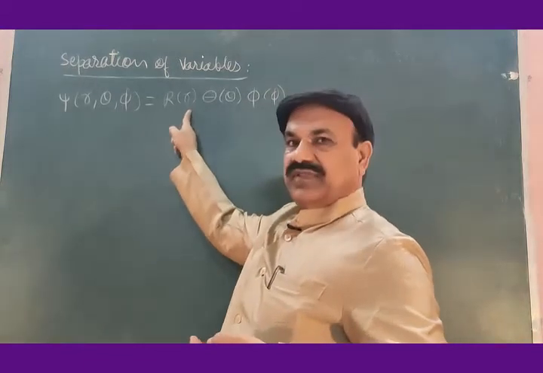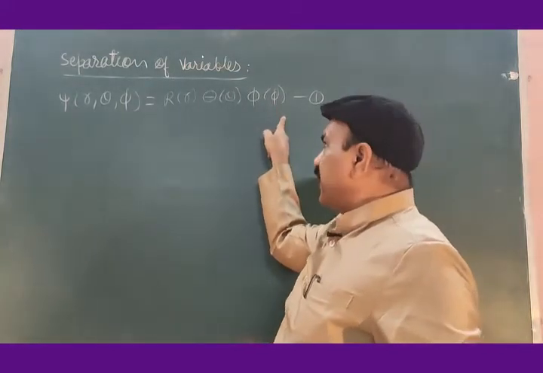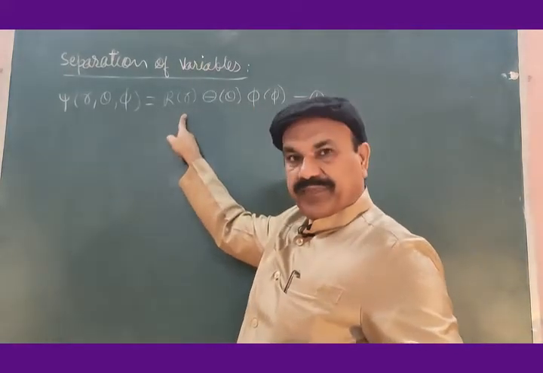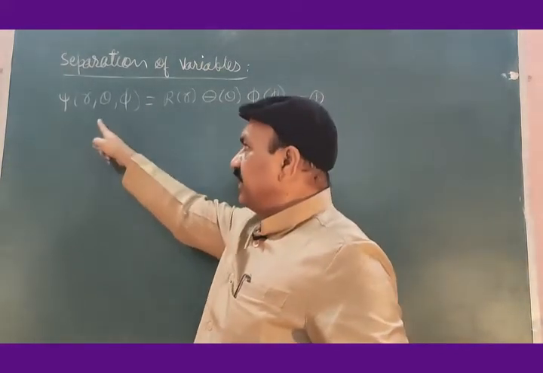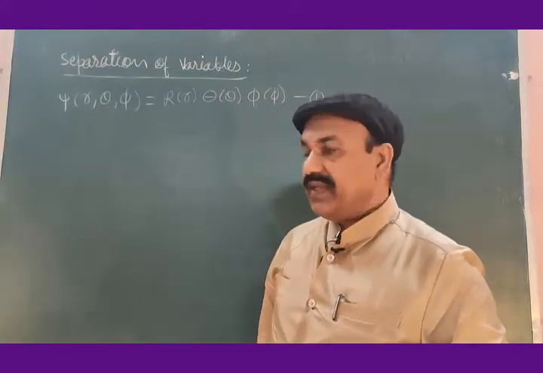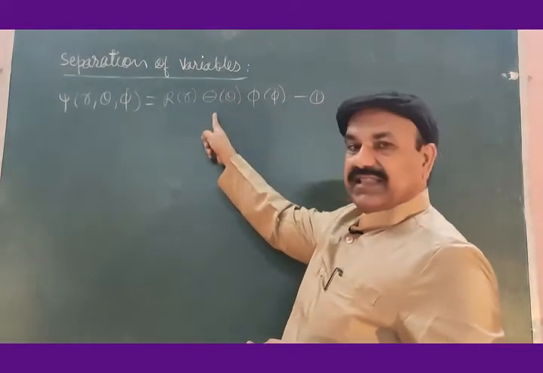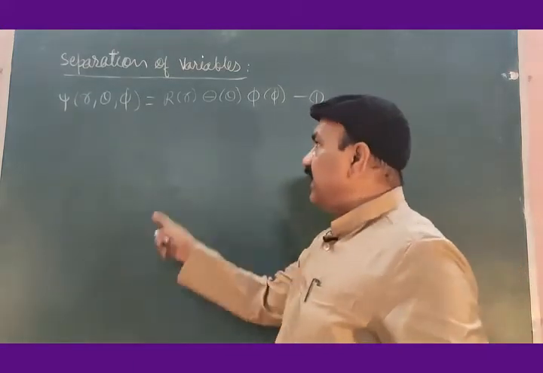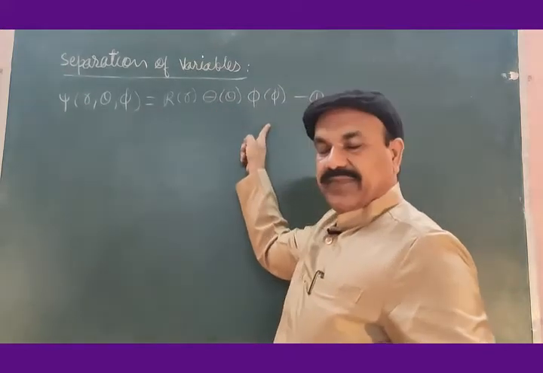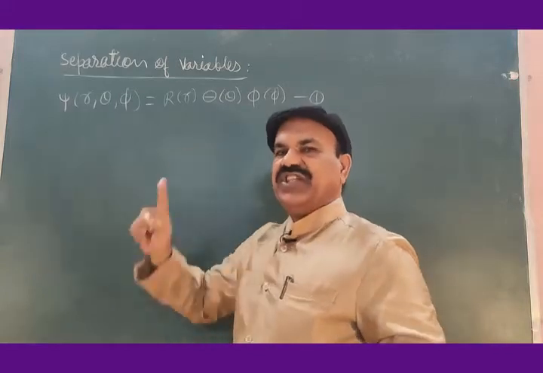This R is function of this r, this theta is function of this theta, this phi is function of this phi. The product of these three individual variables will be equal to psi of r theta phi. These variables are such that R of r is independent of theta of theta and phi of phi. Theta of theta is independent of R of r and phi of phi. Phi of phi is independent of R of r and theta of theta.